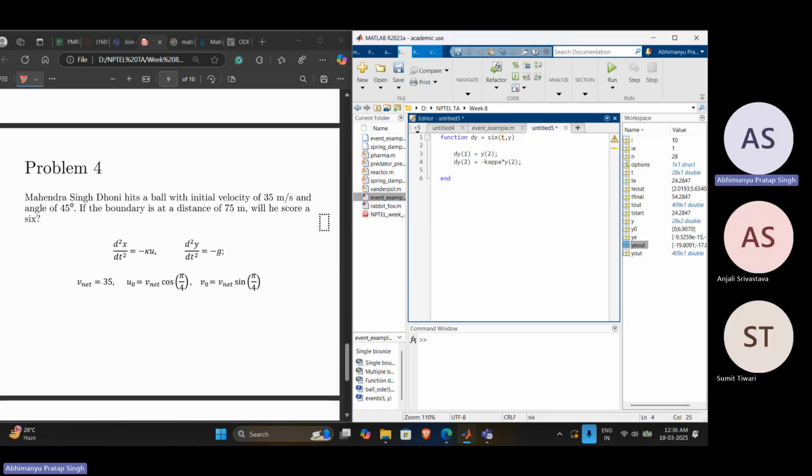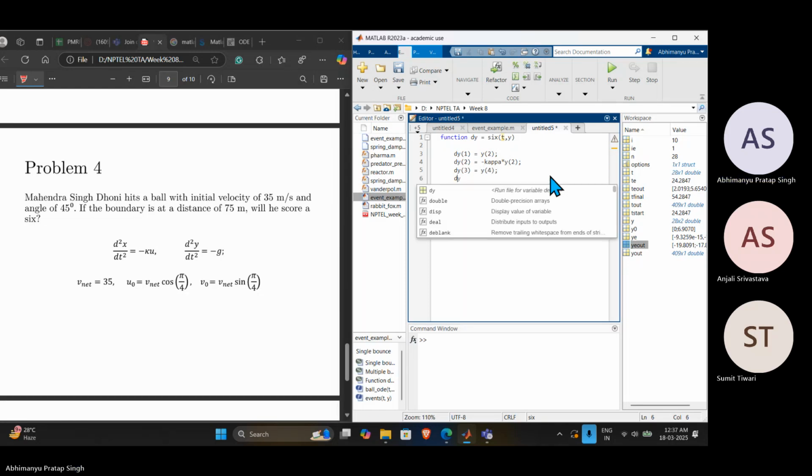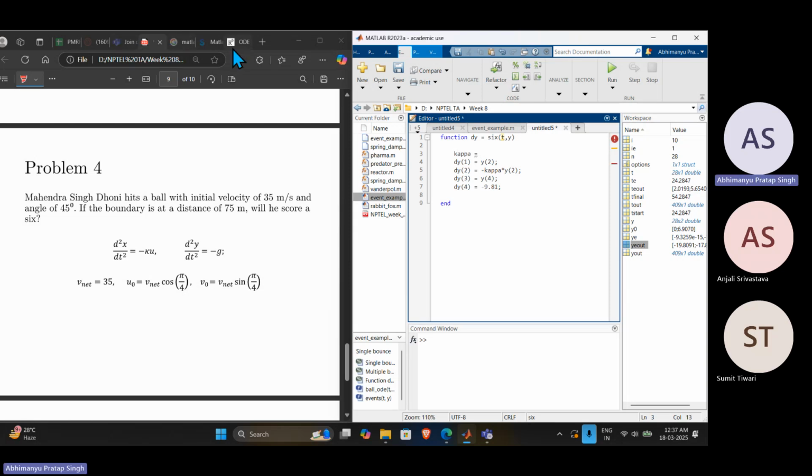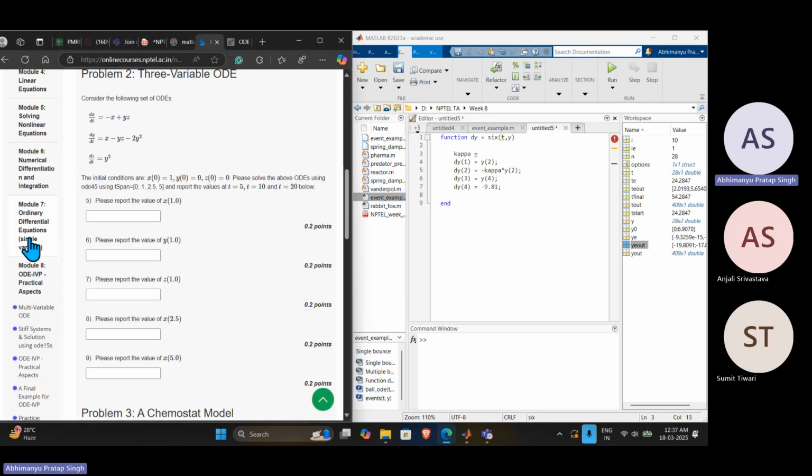Yeah, so this is the air drag term, right? And then dy3 would be y4, and dy4 is minus 9.81. I will just name it kappa. I don't know what value the professor took.